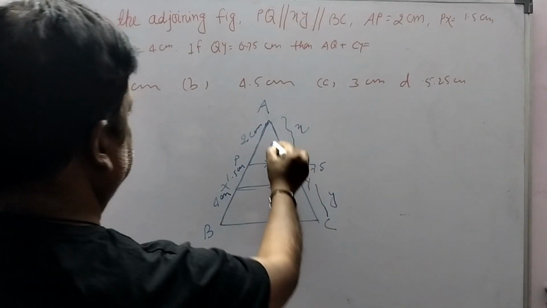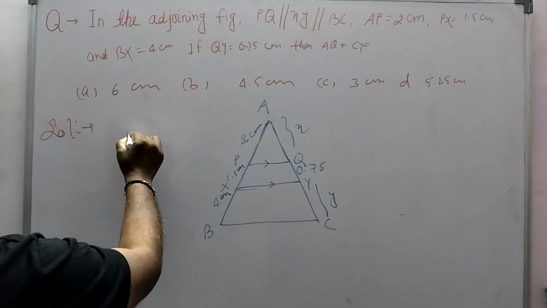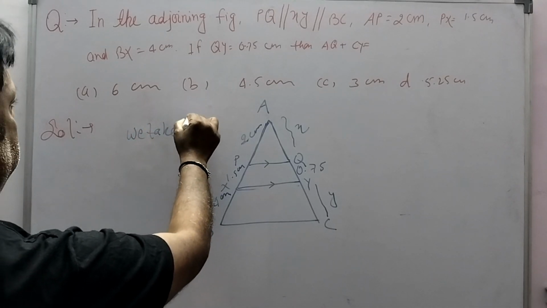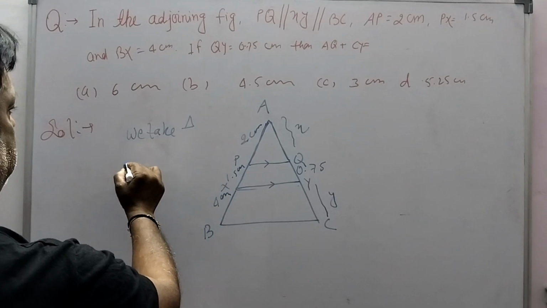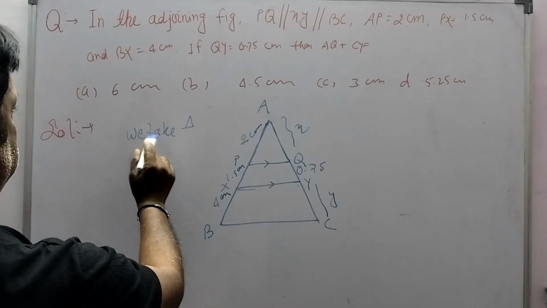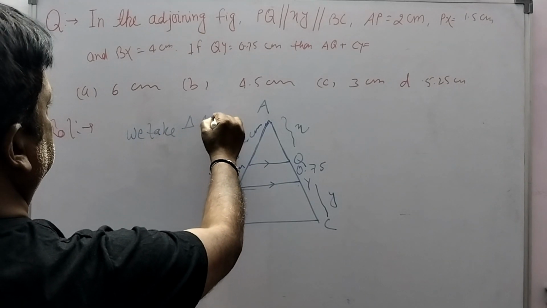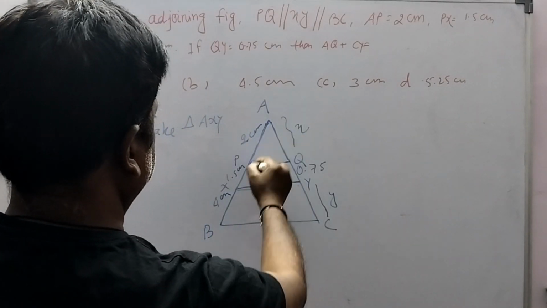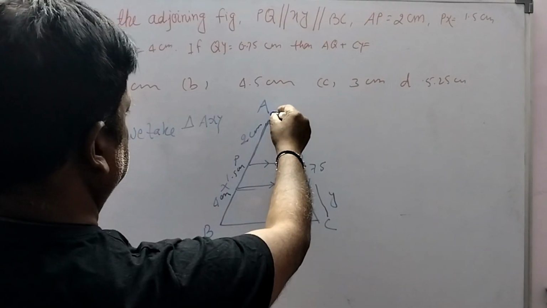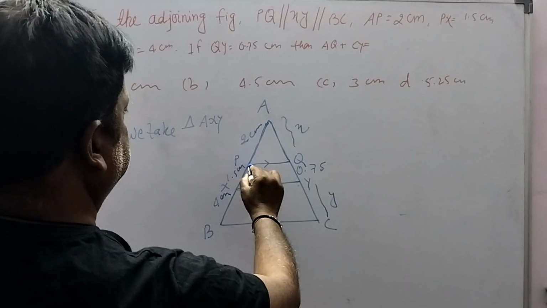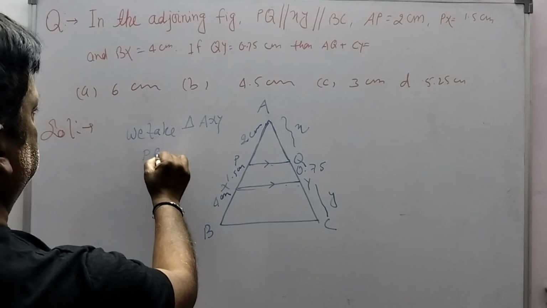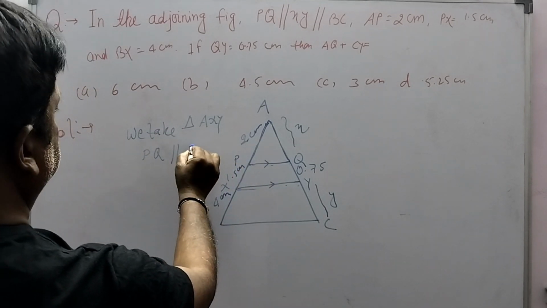So in this triangle, we take triangle AXY. This line PQ is parallel to this base.